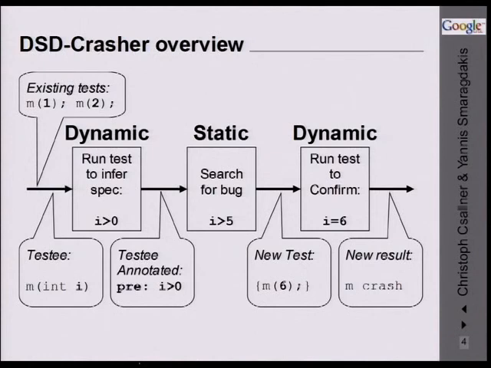We're getting those constraints and solving the constraints. One example is, let's try out 6, because it satisfies that constraint. So we generate a test case that calls your method with 6. We will execute the test case and see whether it crashed or exhibits the behavior that we predicted. And only if that behavior really occurs, then we're going to warn you.